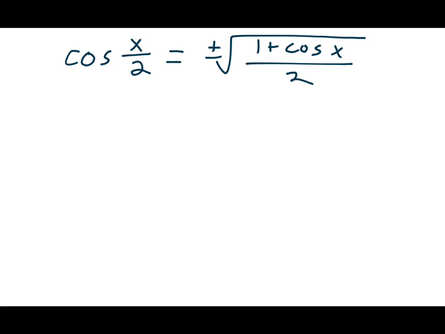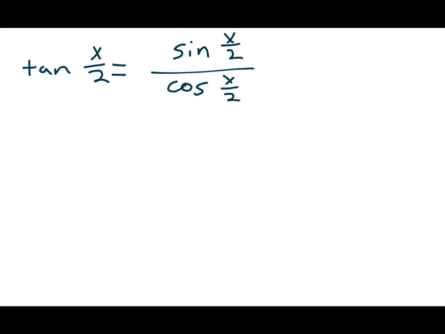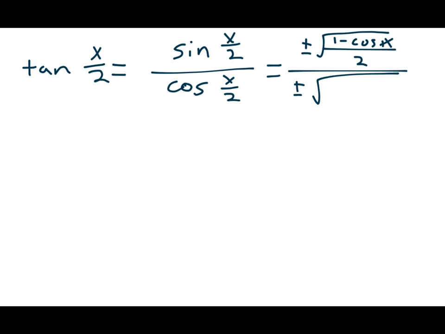Now, your tangent of x over 2 can be found using these two formulas I just came up with. Quotient says use this. I just found sine to be plus or minus the square root of 1 minus cosine of x all over 2, over the square root of 1 plus cosine of x all over 2.